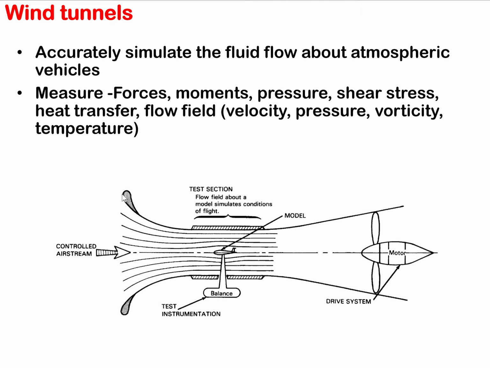In general, they have an inlet, which is usually a convergence nozzle, and they have an outlet, which is usually a divergence nozzle. This whole shape is called a venturi. The reason subsonic wind tunnels specifically are designed this way is that when you reduce the cross section, you get faster velocities.